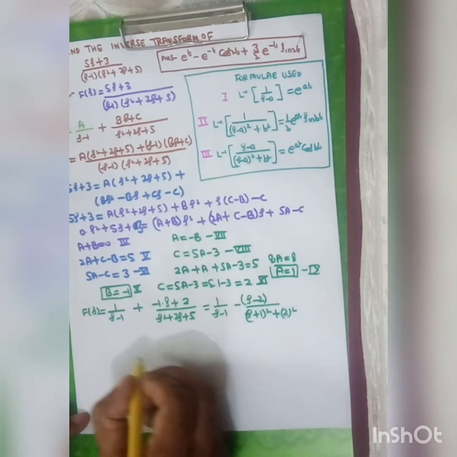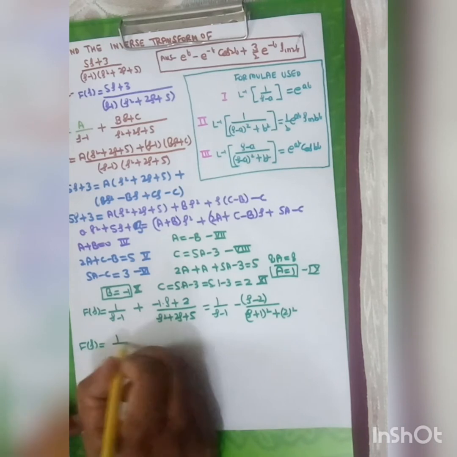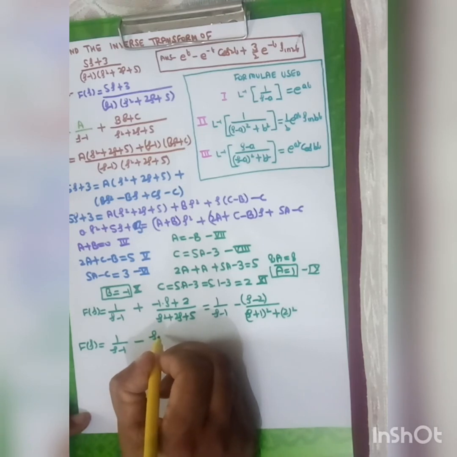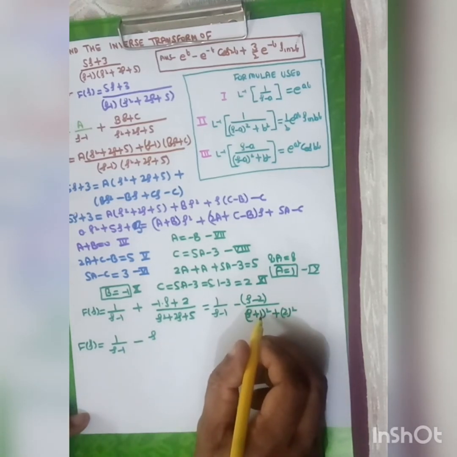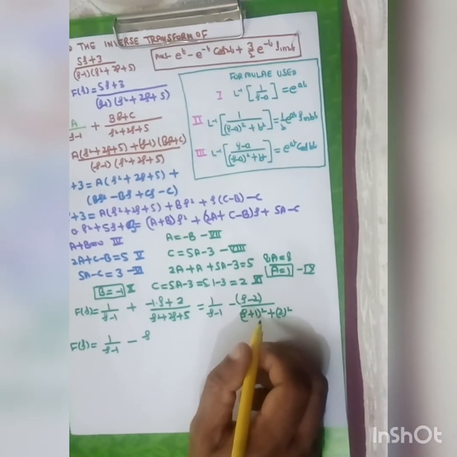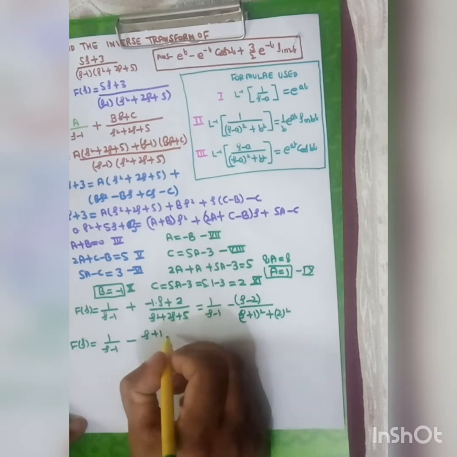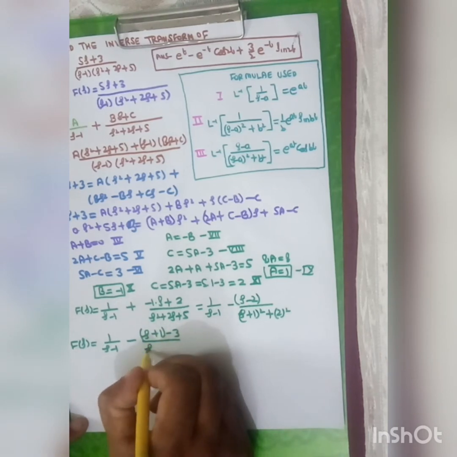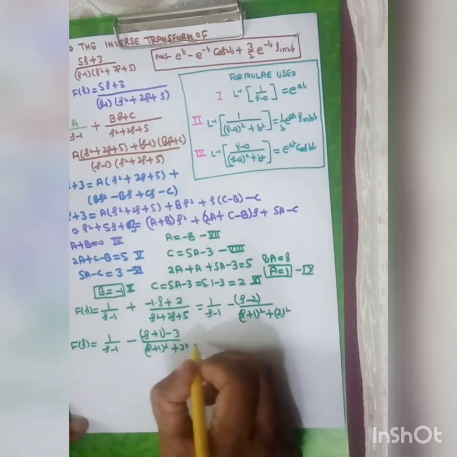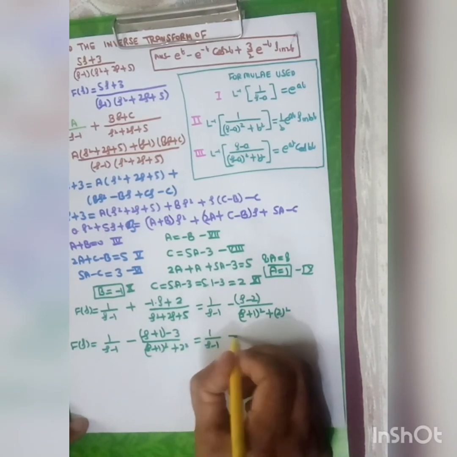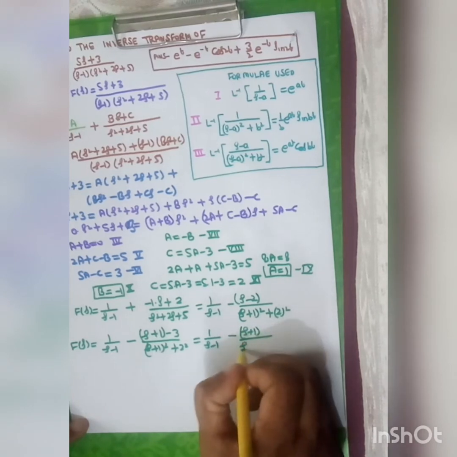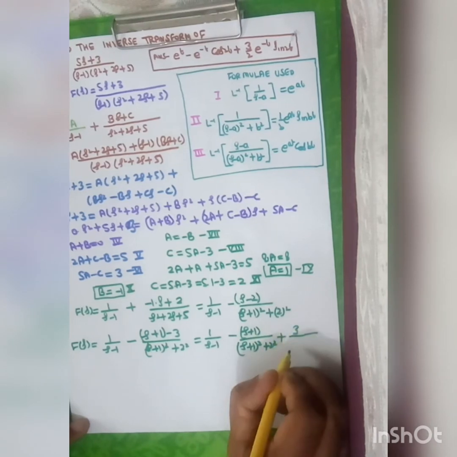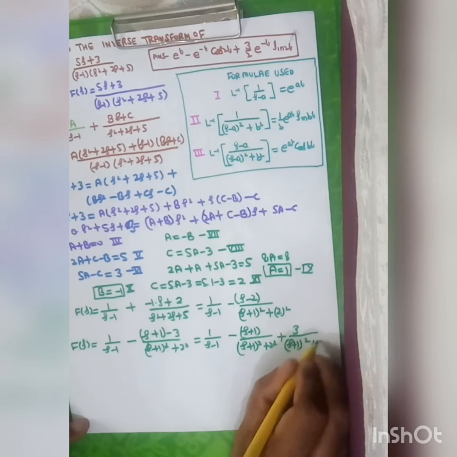Again, s - 2 we can write as s + 1 - 3. So we can write it as 1 upon s - 1 minus (s + 1) divided by (s + 1) whole square plus 2 square plus 3 divided by (s + 1) whole square plus 2 square.